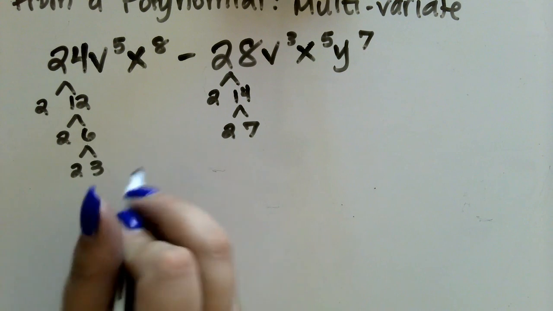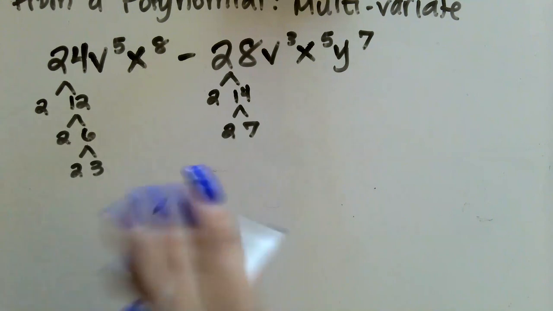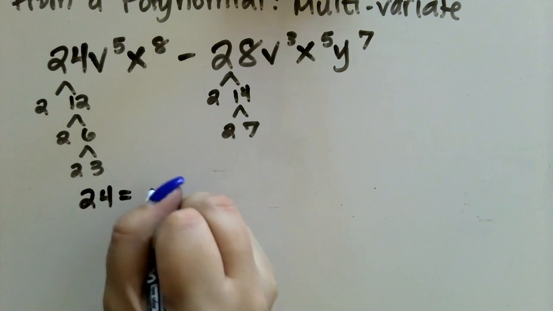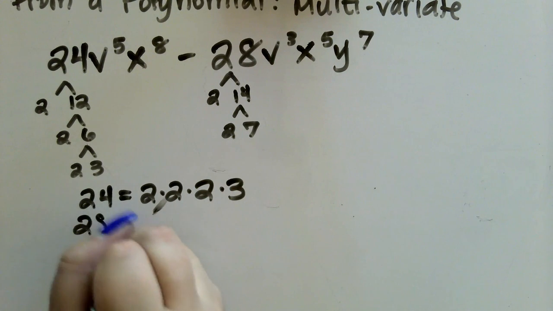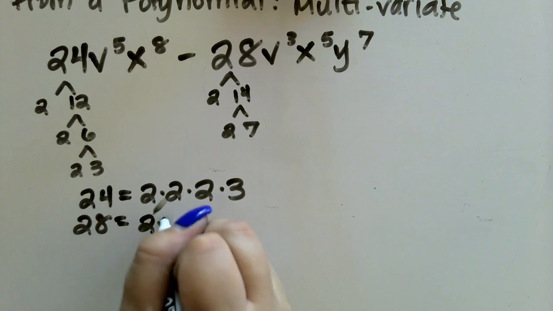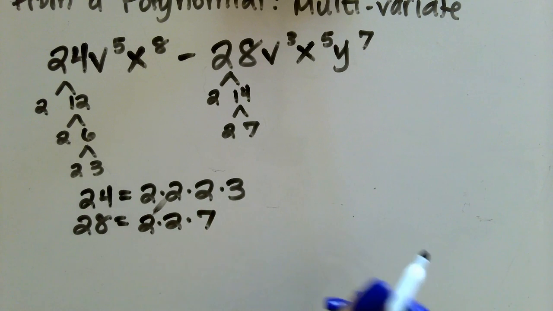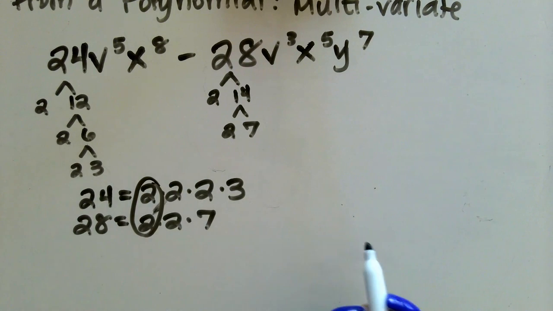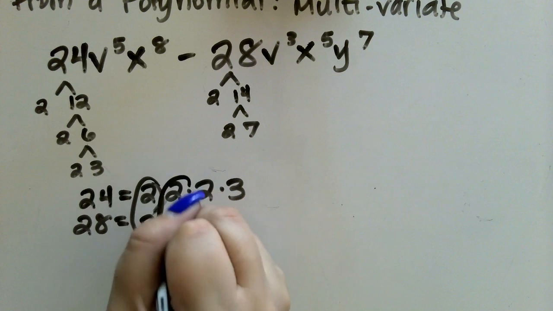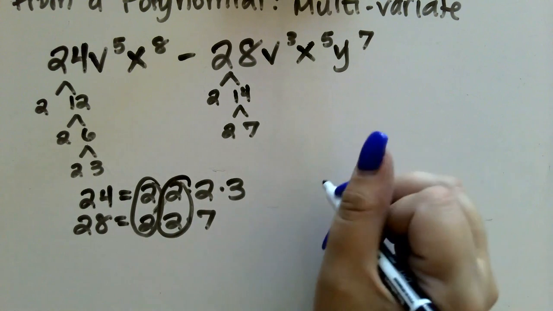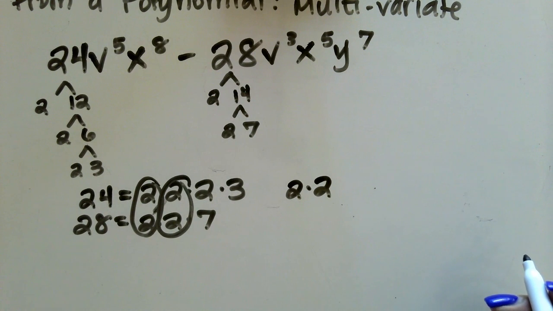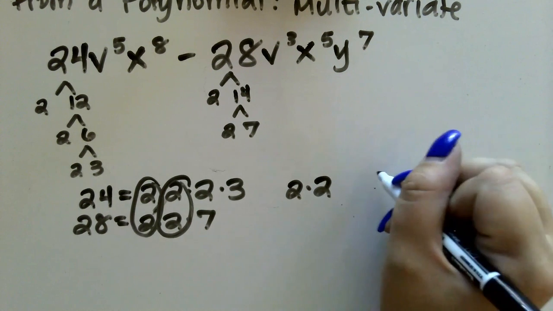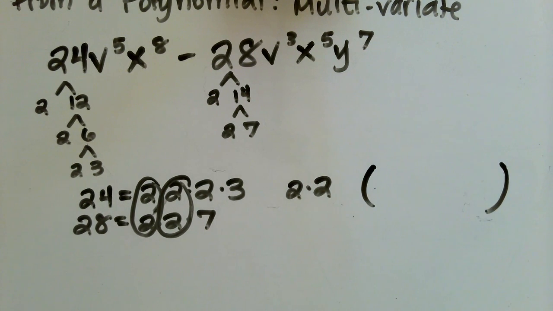So again, writing down our factors of 24 and 28, I see that both include a 2 and another 2. So my coefficient is going to include a 2 and a 2. I'm going to leave a little bit of space so that I have room to include any other variables that we're able to factor out.